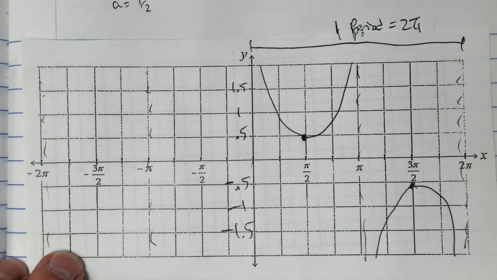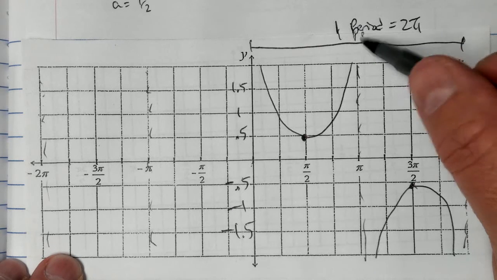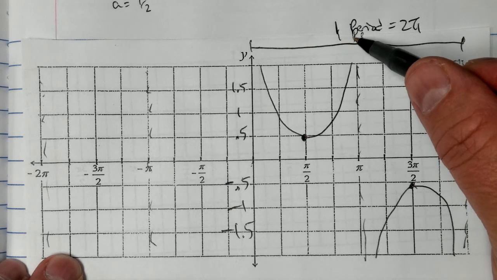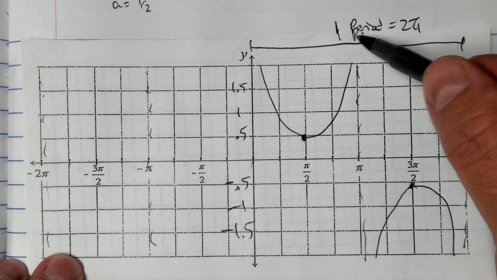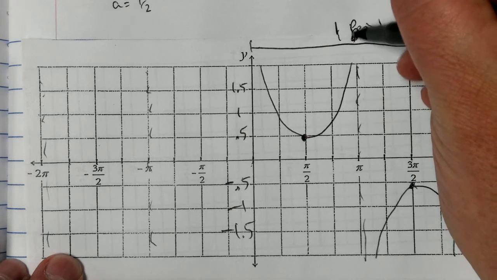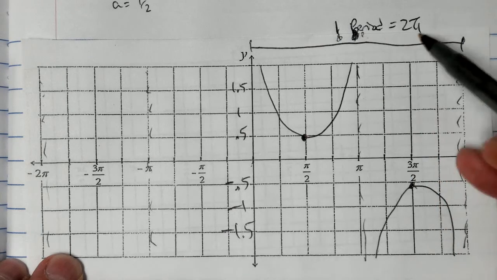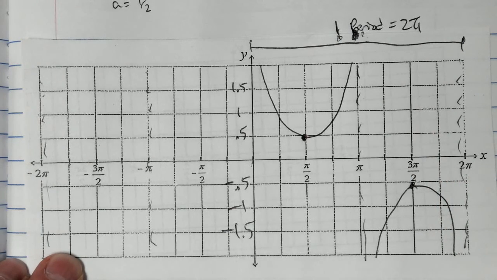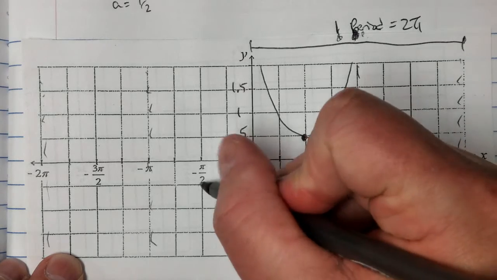What's that? Okay. I was starting to draw my P here, but I got off the page because I drew it too low. But yeah, so 1 period is 2 pi for that. And then on this one, it's going to just be in front.